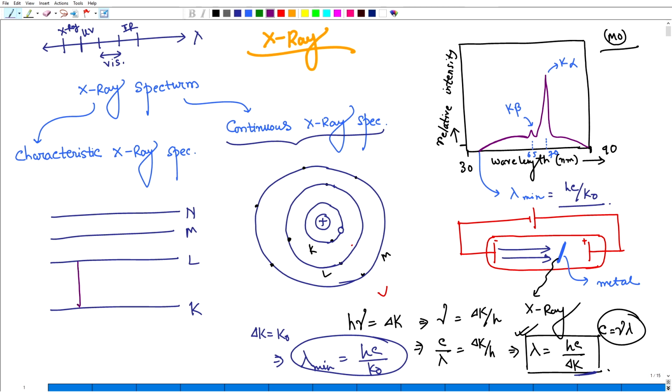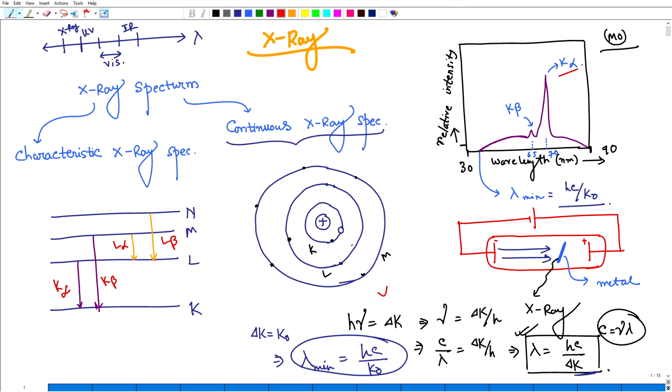So this is 1 and this is 2. And if there is a vacuum in the L orbit, then an electron can come from M and N. So these 4 transitions govern the emission of X-ray photons. So there will be 4 peaks. The peaks due to these transitions are K alpha, K beta, L alpha, L beta. These are the 4 characteristic peaks.